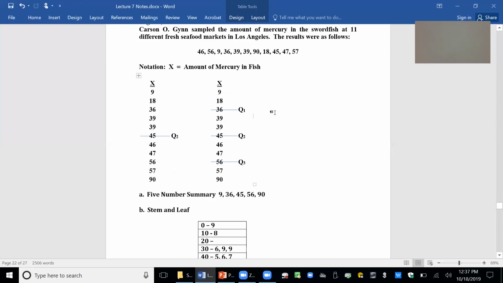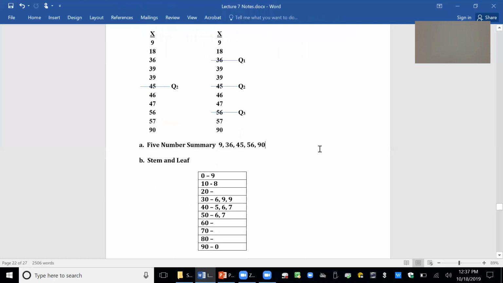The 25th percentile is 36. 50th percentile, 45. The 75th percentile is 56. And when I give you 9, 36, 45, 56, and 90, I've given you the 5-number summary: smallest, Q1, Q2, Q3, largest. That's called the 5-number summary. Tells us a lot.